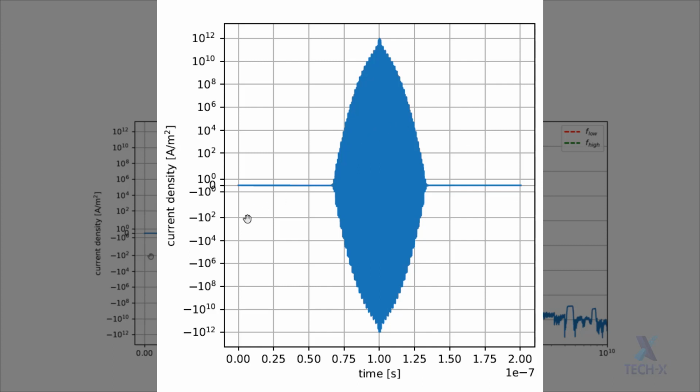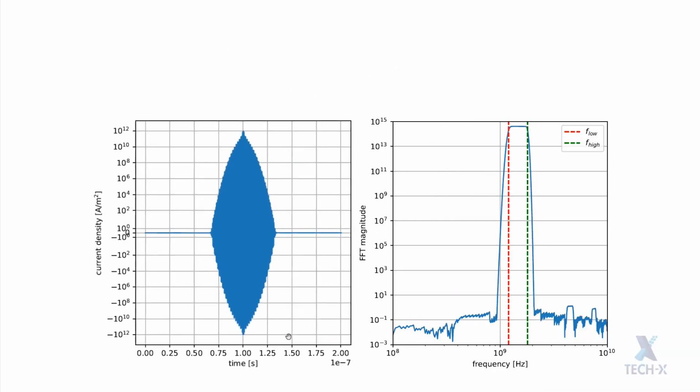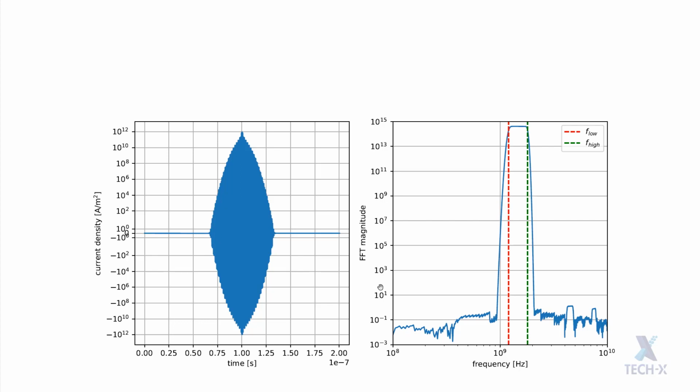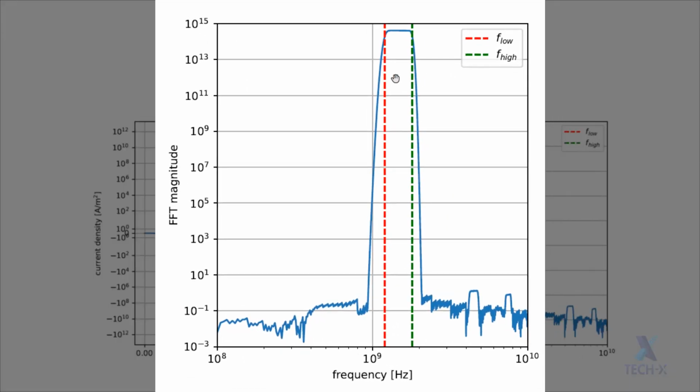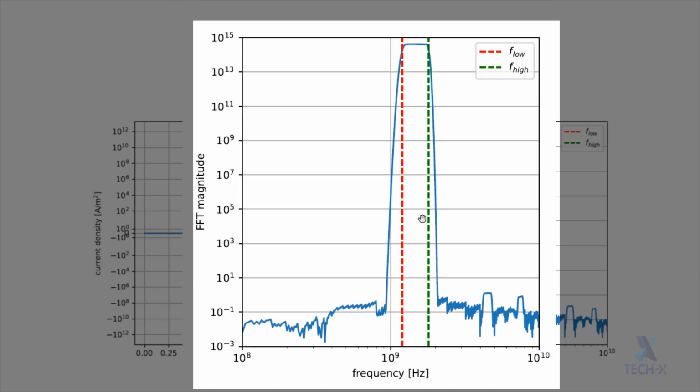What we expect to see our signal to look like in the actual cavity is this ring up, and then though the drive goes down, we expect the cavity itself to continue ringing at a comparable amplitude to this maximum amplitude. Now let's look at the FFT of this signal, and we can see this is exactly what we want. This is a band of frequencies from F low to F high that we're driving.